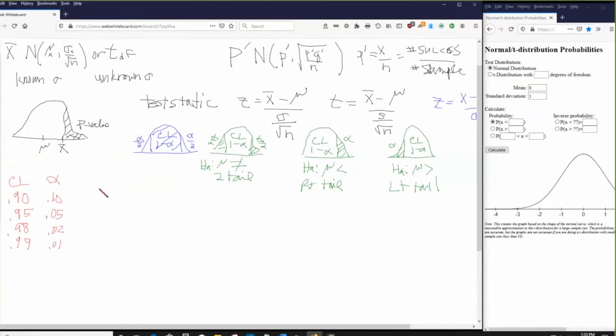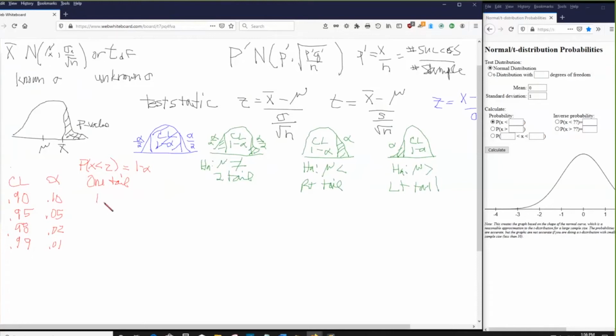Then for my one-tailed test, my z-values are going to be the probability that x is less than z, which is 1 minus alpha.